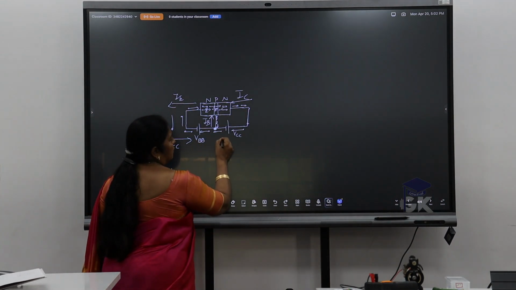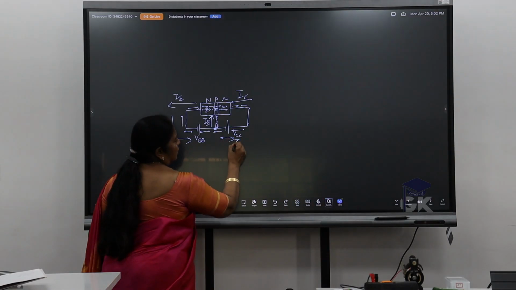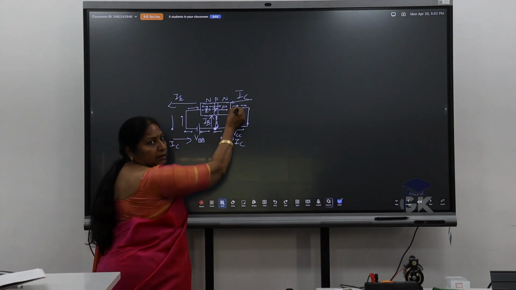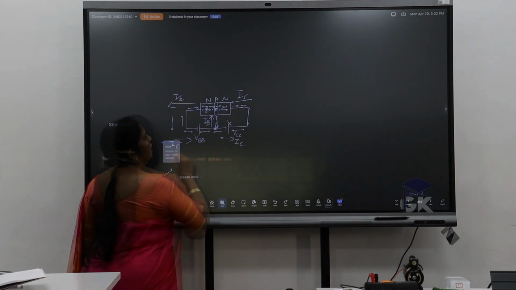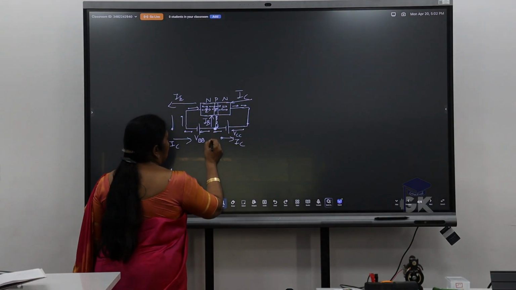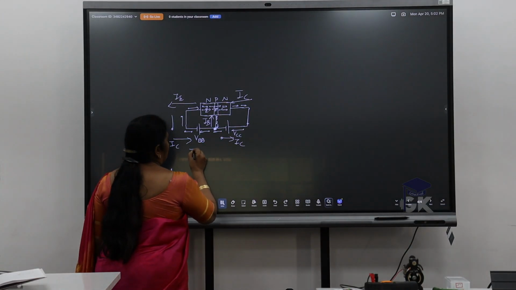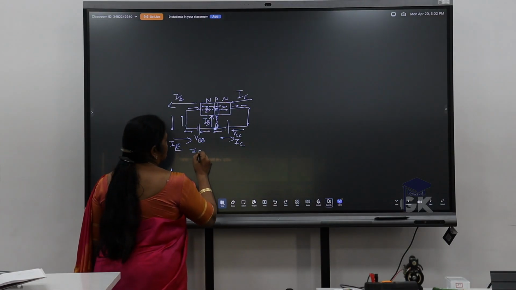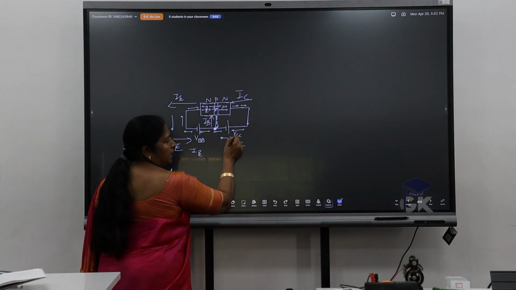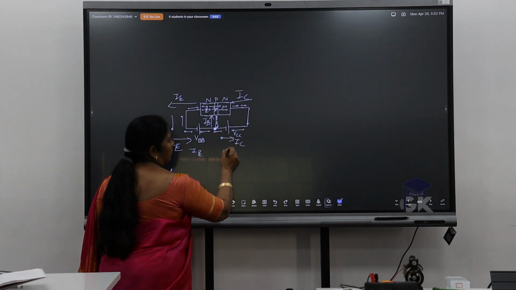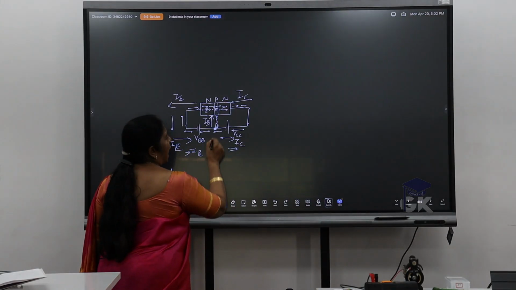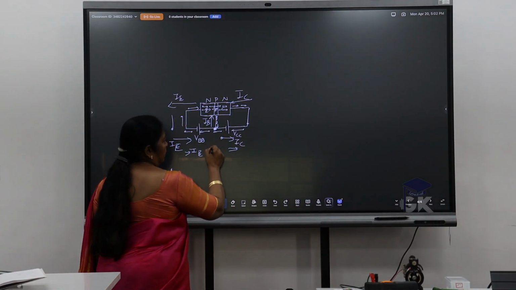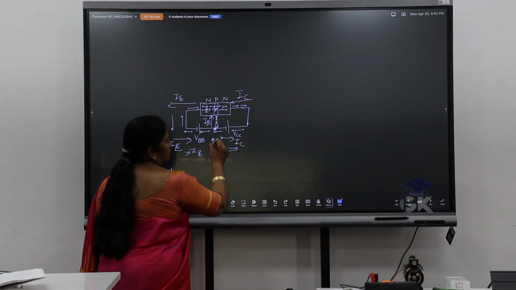This is your IC. It will move like this. So now at this junction, I can see that IE is towards, IC is away, IB is away. Correct?